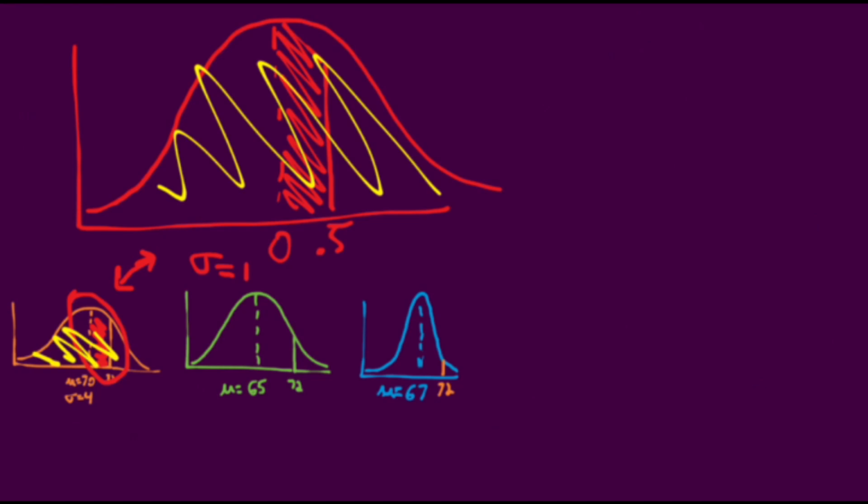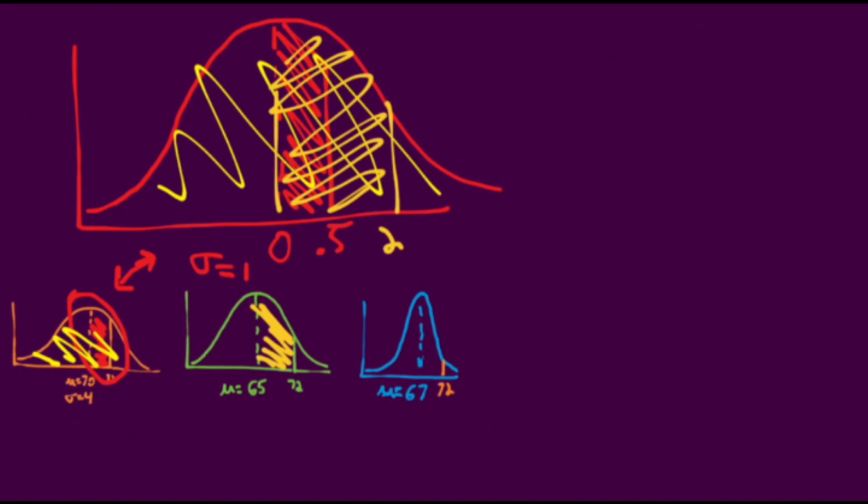Furthermore, if we wanted to look at the likelihood of a female being from 65 to 72 inches, that would be the same as from 0 to 2 standard deviations. I'm getting a lot of different colors mixed up here, but that shading is the same area as this shading.